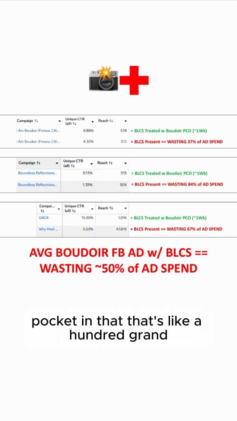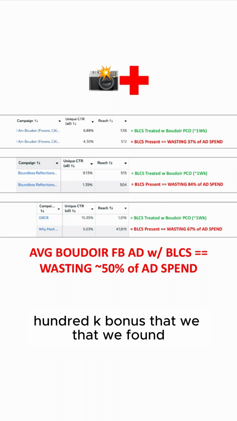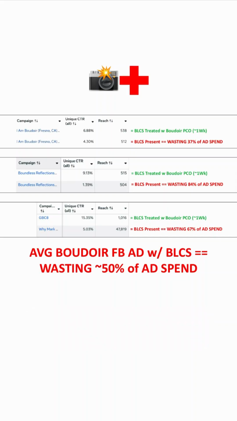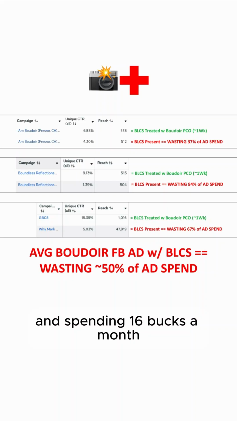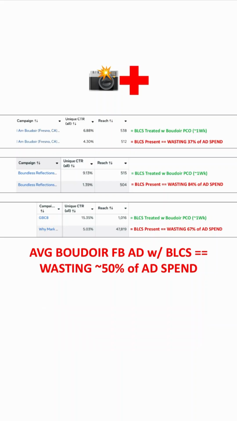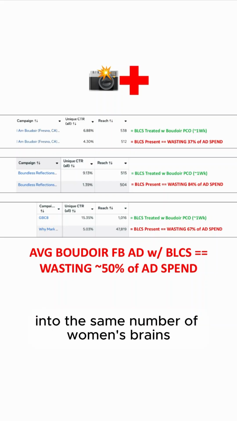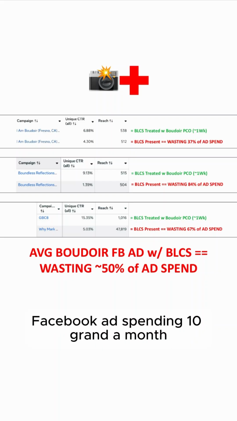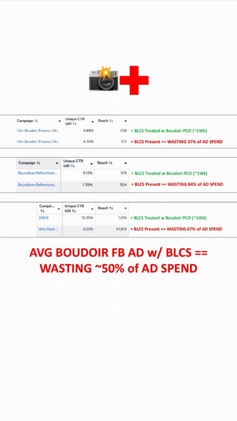That's like a 100K bonus a year that we found by not wasting that money and spending 1,600 bucks a month with the new Boudoir Pico treated ad. We're getting our ad into the same number of women's brains as the original Boudoir Facebook ad spending 10 grand a month.